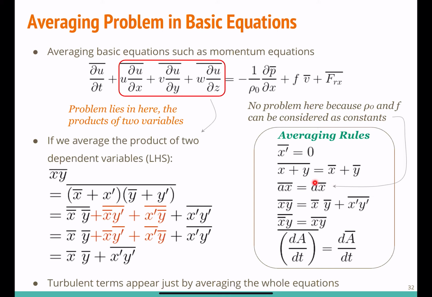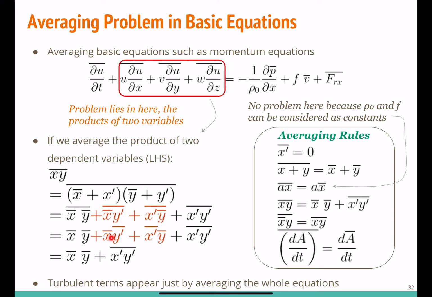This is what we can see in this averaging rule, right? If this one is A, then this average bar will fall onto this y prime variable. And this one is also a similar situation to this one. And then for this one, we cannot do anything because this will not fall into anything. There are no averages in here.